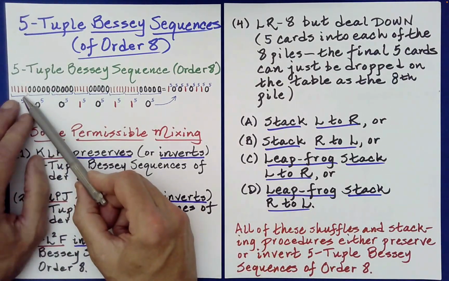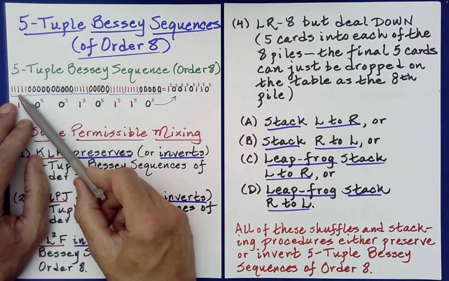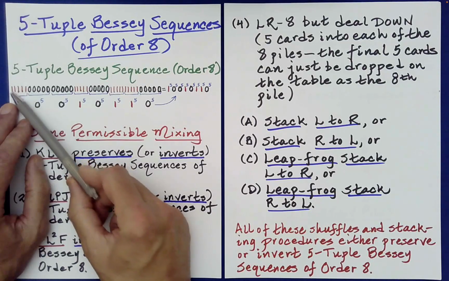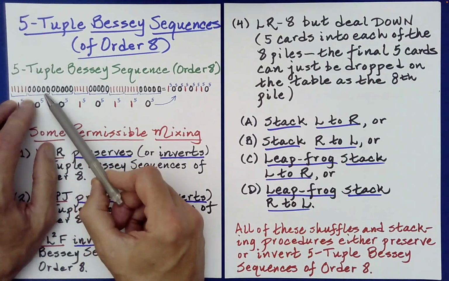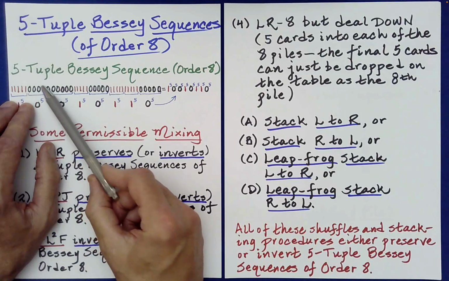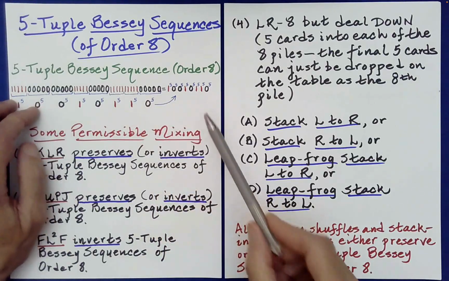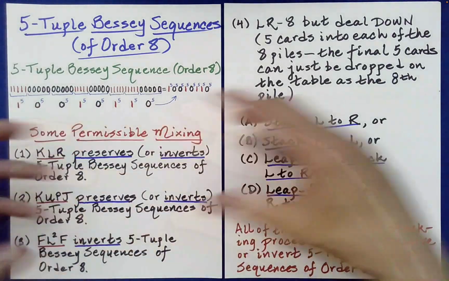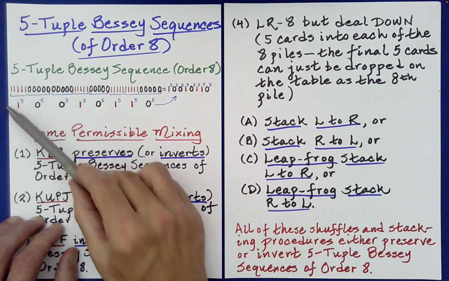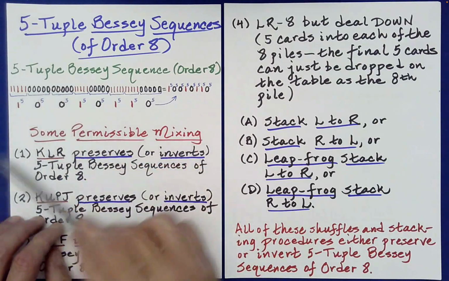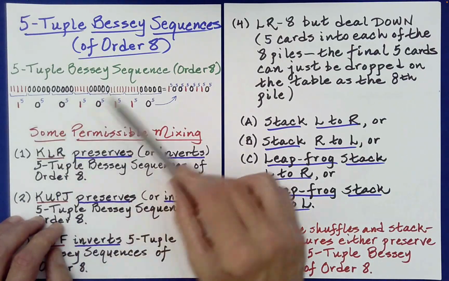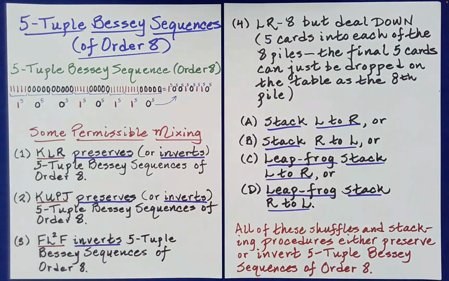Because if this is the structure here, and I deal down the top 5, well, they're all of the same kind. The next 5, they're all of the same kind. They're, quote, zeros. Next 5, and so forth. So it's like I'm kind of pulling apart the ones, the 2 sets of zeros, the ones, the zeros, the 2 sets of ones, and then the zeros.